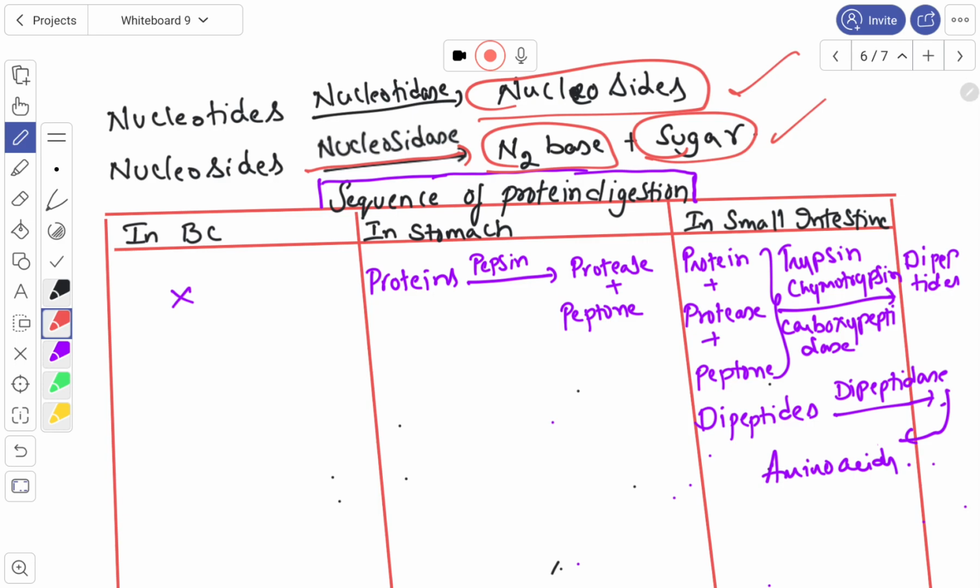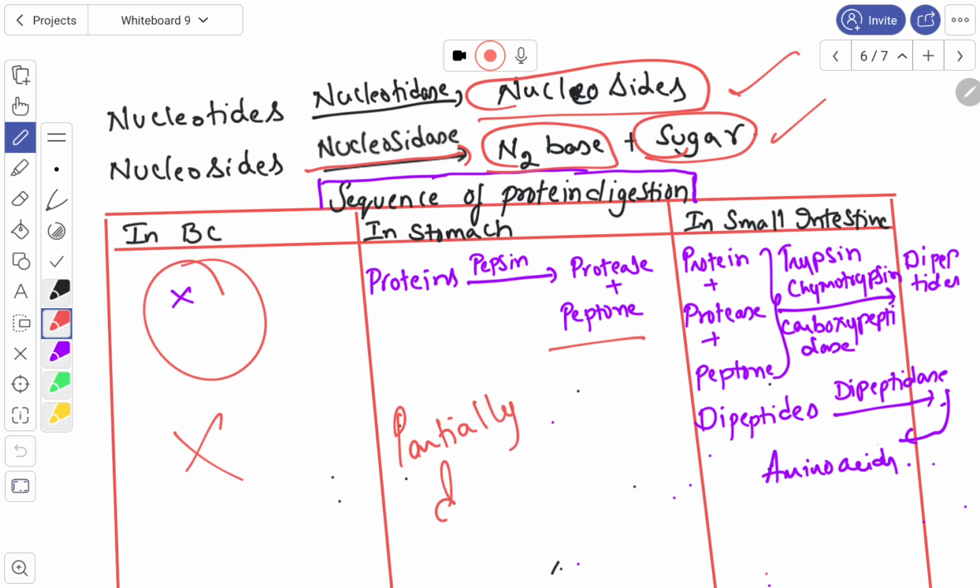Then if we see the digestion of proteins, in the buccal cavity we cannot see any protein digestion. But in the stomach, the proteins in the presence of pepsin are converted into proteases and peptones. That means they are partially digested. Then what happens in the small intestine?